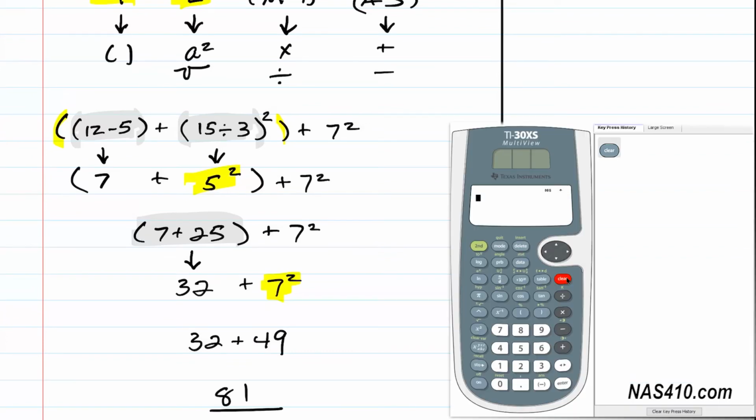Let's try to input this into our calculator. I'm just going to go down the line here from left to right, and I'm going to put the symbols like I see them.